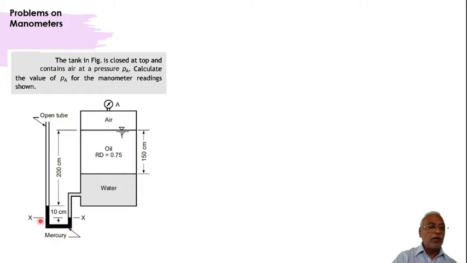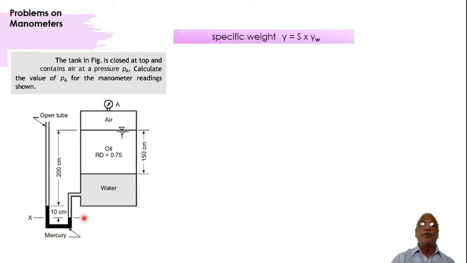So the only way we can search is in mercury at this level XX: the pressure at X and the pressure at X is the same. Now if we are able to write those expressions for pressure on the left hand side of the limb and the right hand side of the limb, then we have solved the problem. Okay, we'll see how we can do it.